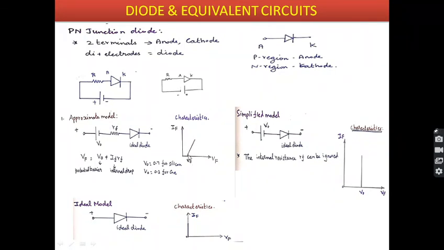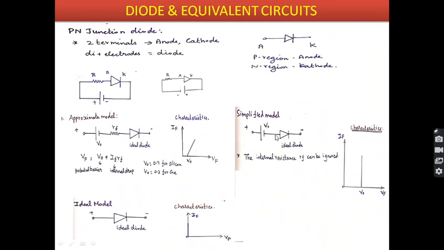Here in this approximate model, we are linearizing the exponential portion. We have assumed that your diode current increases in a linear manner with the applied voltage after the cut-in voltage.